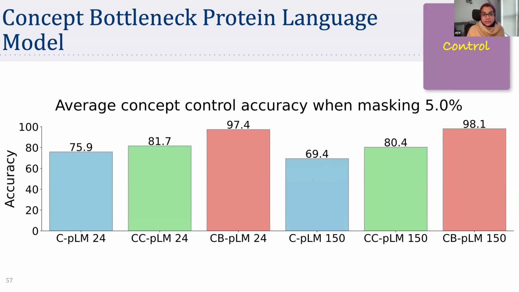The third one is our model, where you predict the concept from the internals of the model, and then you use that prediction to make the output. And you can see that for the 24 million parameter series and for the 150 million parameters, we significantly outperform the other models in terms of control.